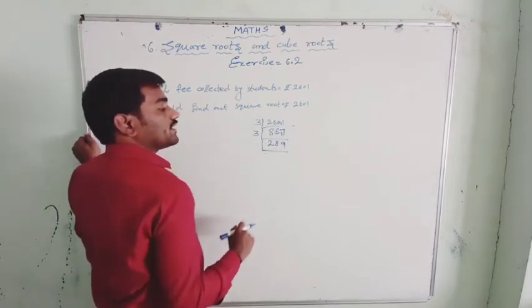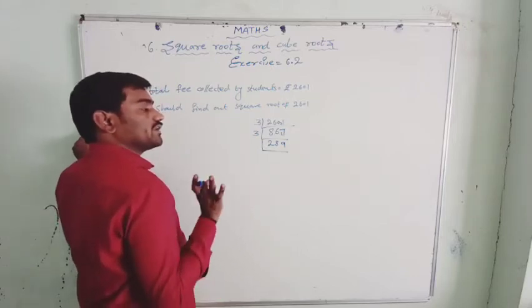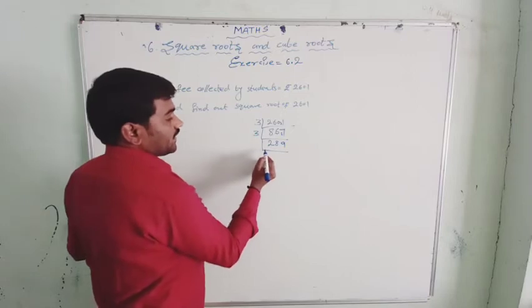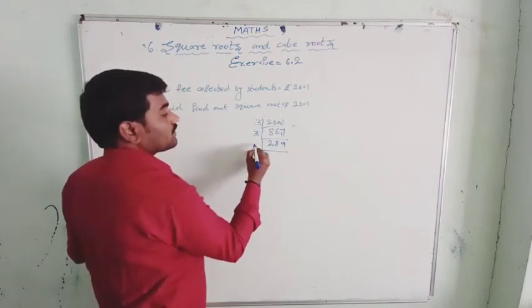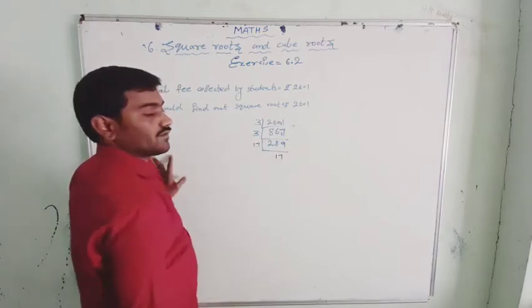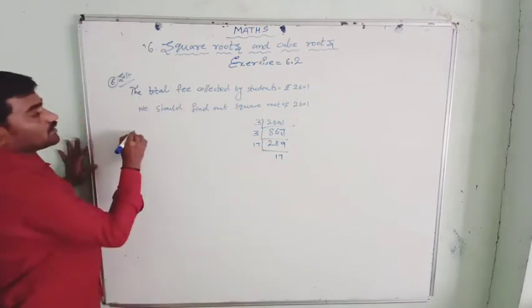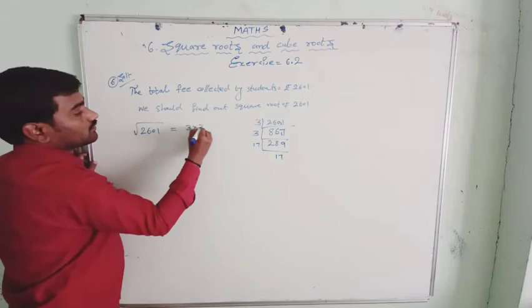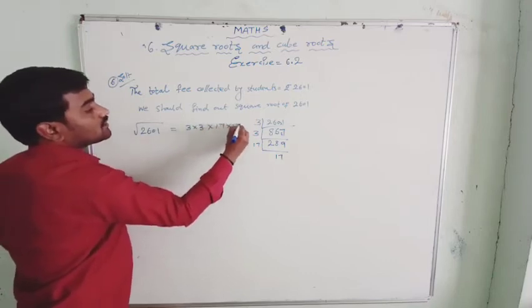Here 289, directly you can go for 289, that is 17 into 17 is 289 only. So we get 2,601 equal to 3 into 3 into 17 into 17.